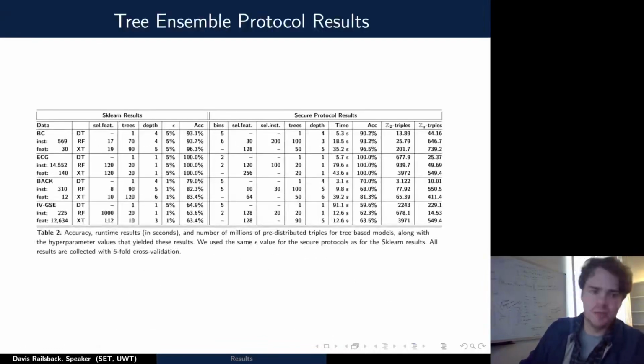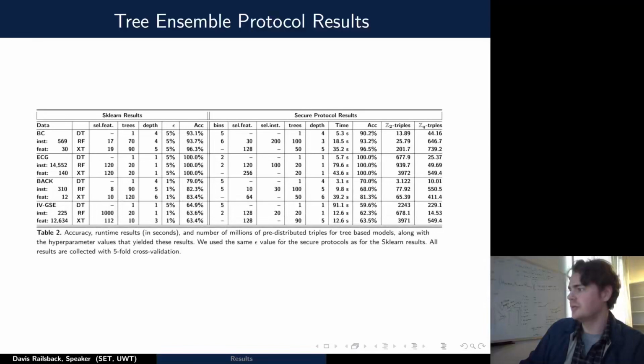As for the top level protocols, the left side of this is showing in the clear accuracy results, and the right side is showing our secure protocol execution. So you can see that there's a little bit of an accuracy drop between in the clear and in the secure protocol execution, which is to be expected.